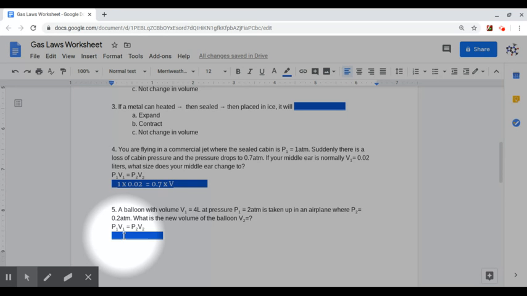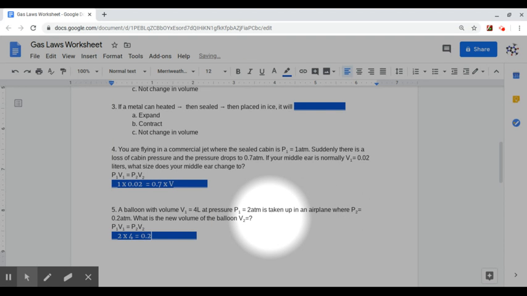P1 is 2 atmospheres, times the first volume, which is 4 liters, and that's going to equal the new pressure, 0.2, times some new volume. Probably that volume is going to be higher because the air pressure is less. So a balloon, as it goes up in the air, is going to expand.